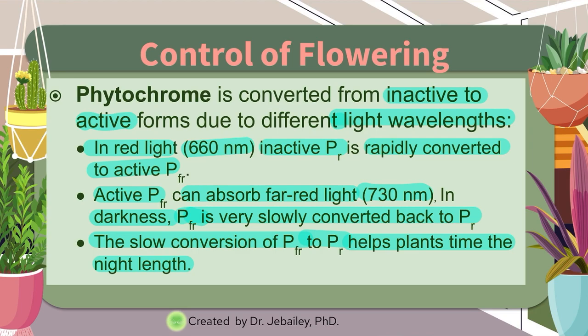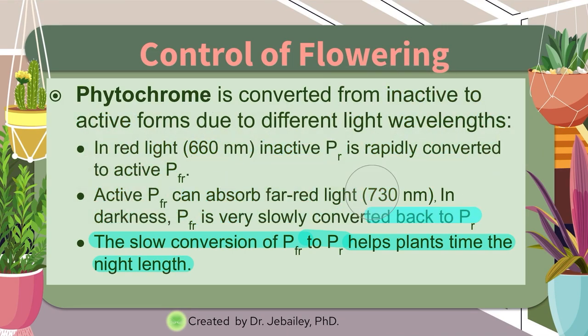Now, this is a lot of information, but I'm going to put it in a way that makes it much easier to understand. But what do you need to know out of this whole process? Let's start with the type of light, if it's far red or red light. You also need to know what is turning into what.